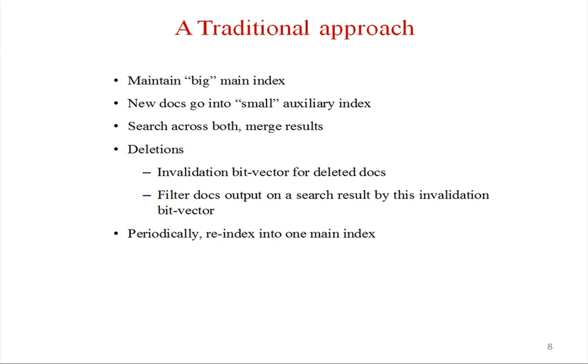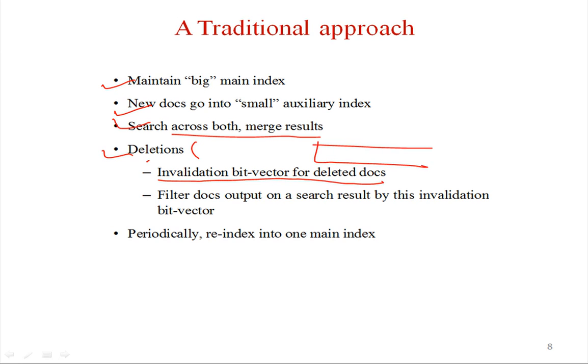Maintain a big main index. New documents go to a small auxiliary index. Search across both and merge results. Deletion creates the main problem. Suppose we delete a record from a huge bunch of records, then we require a lot of shifting of records. So the best thing is to use a bit vector based scheme that says whether a document exists or not.